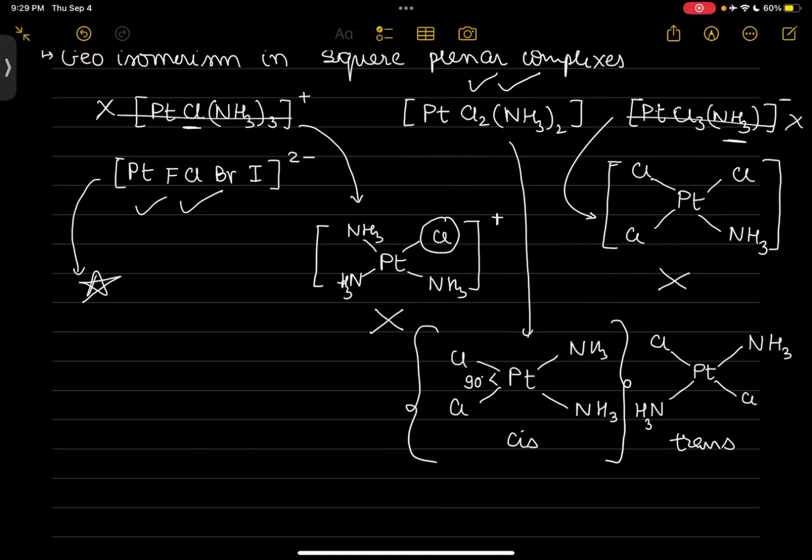Remember, it is used as an anti-cancer drug. And the right one is transplatin, which is not used. Let's discuss this one in the next class, and we are going to move on with other examples of isomers.